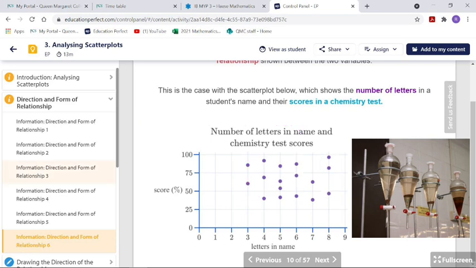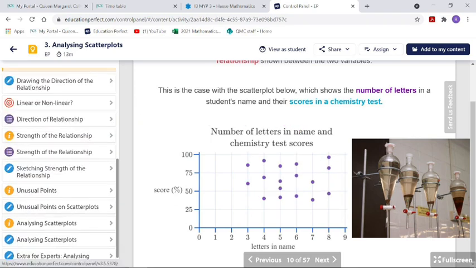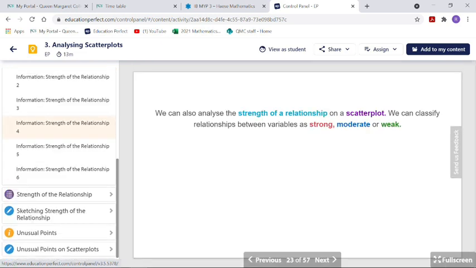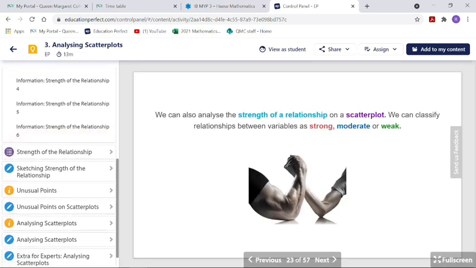Good. The other two that we're going to focus on is the strength of the relationship. First, how strong a relationship is. And there are 3 words for describing strength. So in describing strength of a relationship, you will describe it as strong, moderate, or weak. So those 3. You get no other choices, but you could use them together and say that it's moderately strong.